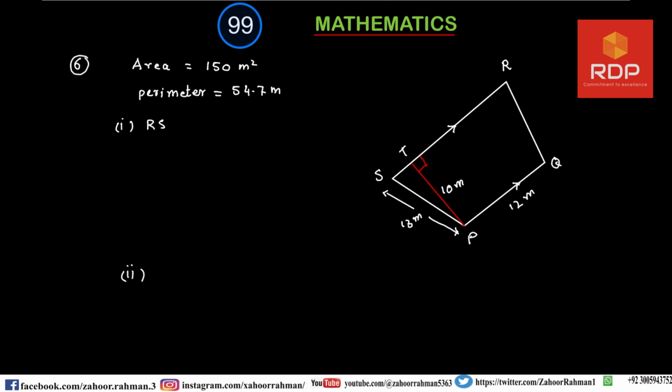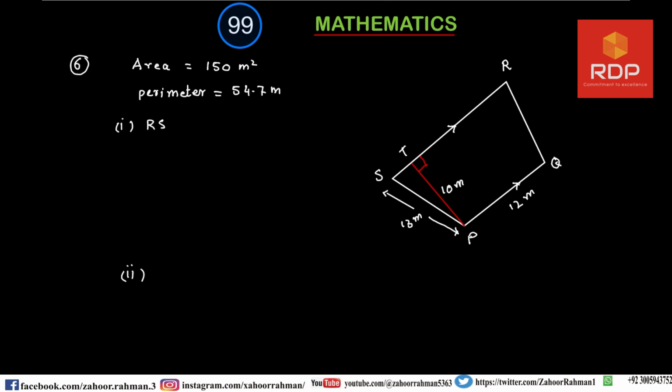If PT is equal to 10 meter and the area and perimeter of the trapezium are 150 meter square and 54.7 meter respectively, find the length of, in the first part they are saying to find the length of RS.